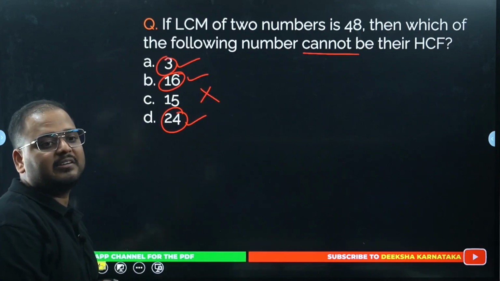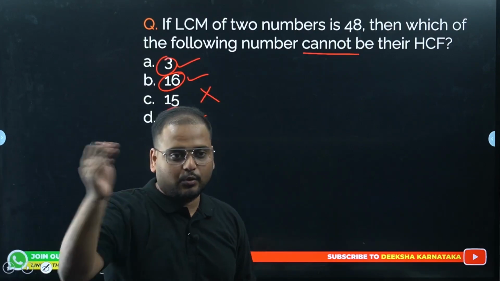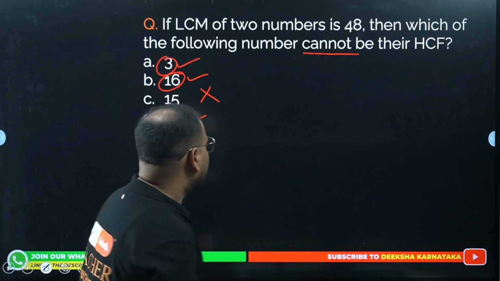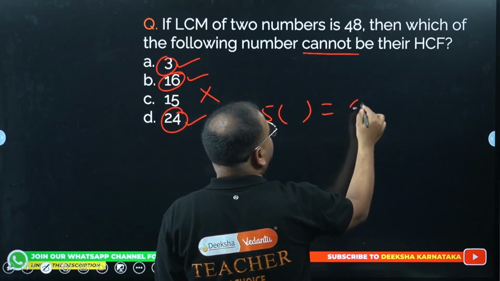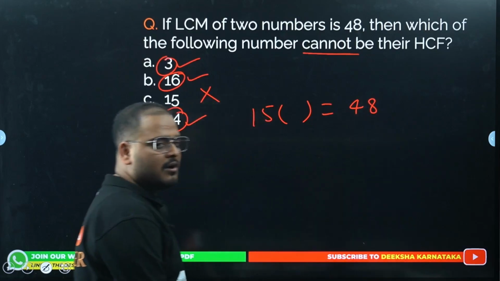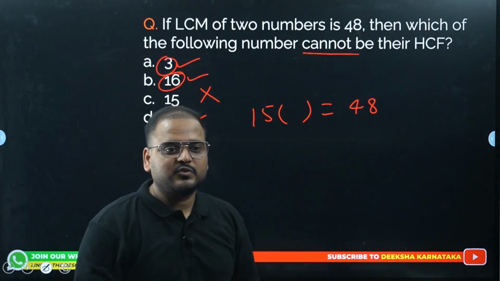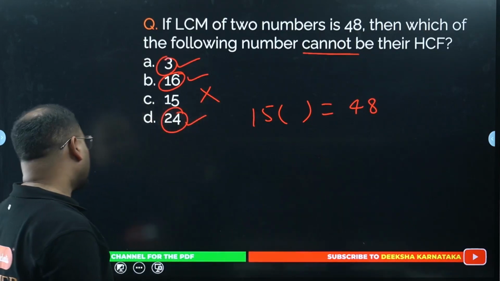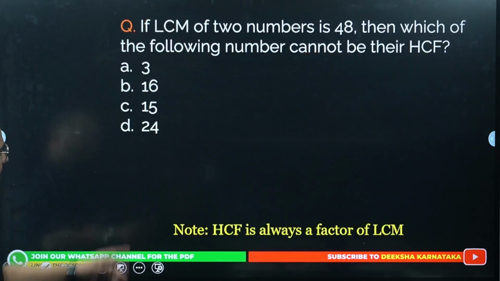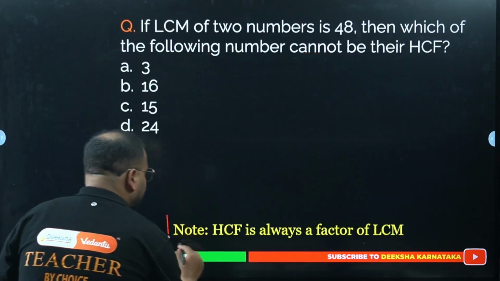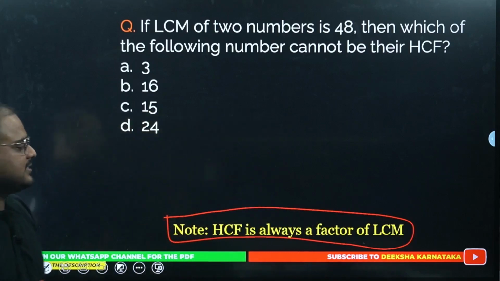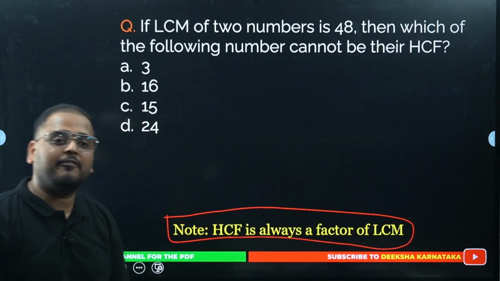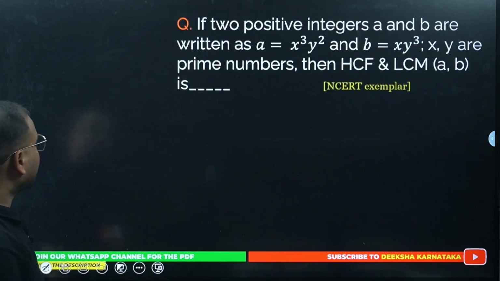Big no. Can you multiply any whole number with 15 to get 48? No, right? So 15 is our answer, it cannot be the HCF. Make a note of this, same thing I've been repeating: HCF is always a factor of LCM.